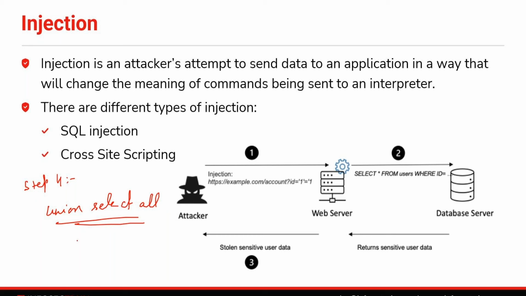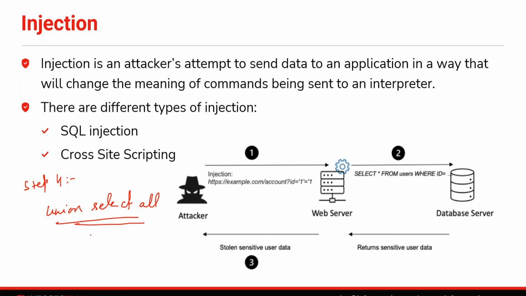But one thing is there, you have to disable the show profile, like you have to disable this. I'll show you that when we perform it practically. So this is how you will find the vulnerable columns using union select.